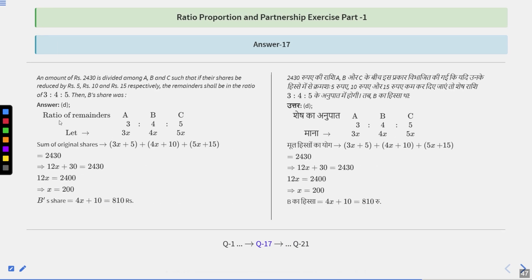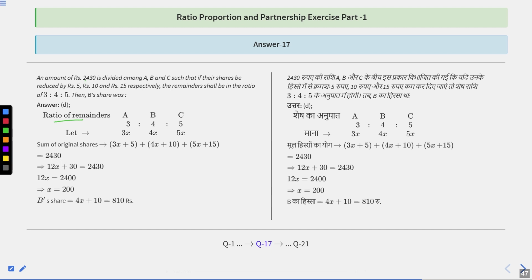Now the question says the ratio of the remainders is 3:4:5. We can say 3x, 4x and 5x. Now when we add back the numbers which we reduced, we get the original shares. So the shares become 3x + 5, 4x + 10, 5x + 15. What is the total sum? When we add these three, it becomes 2430.